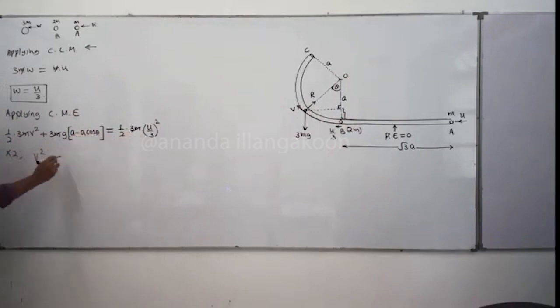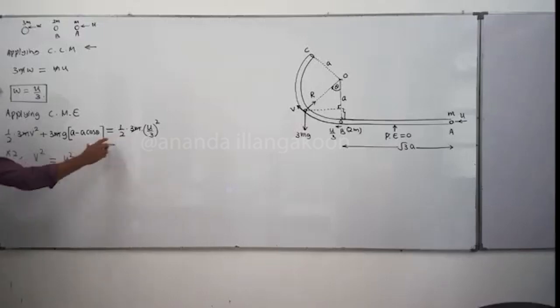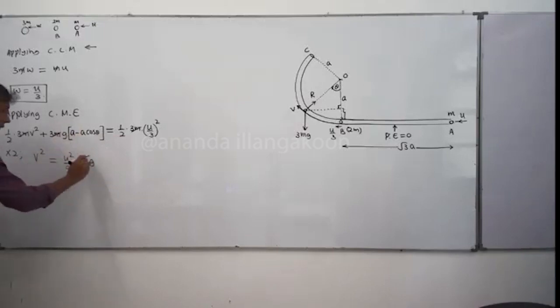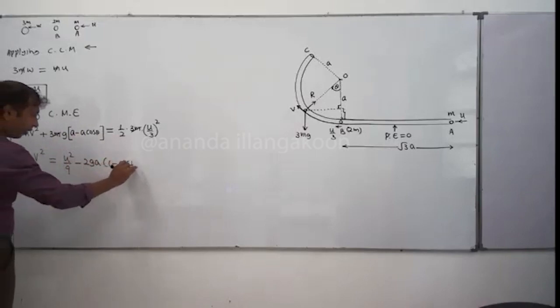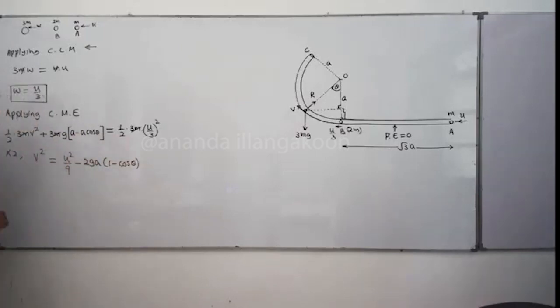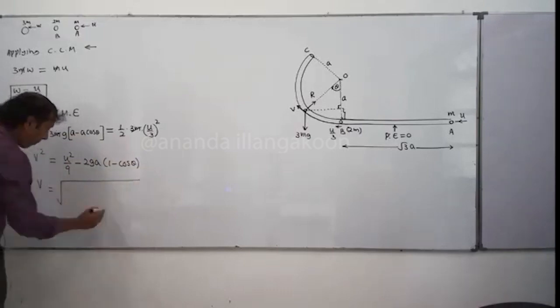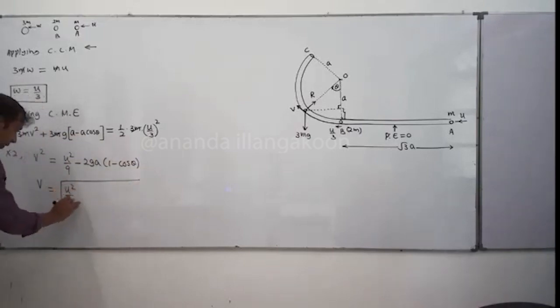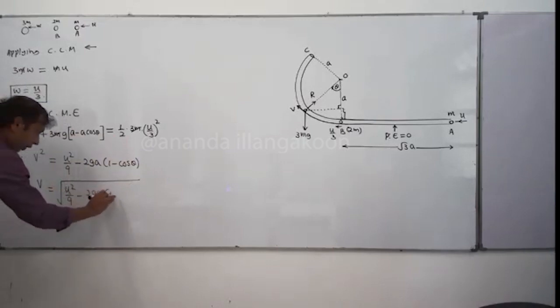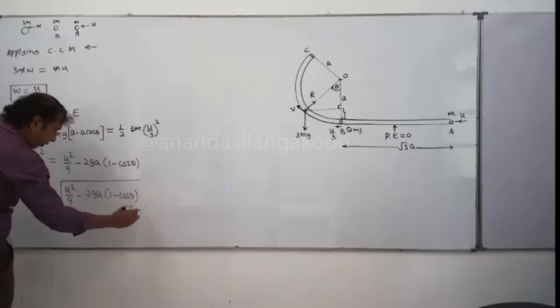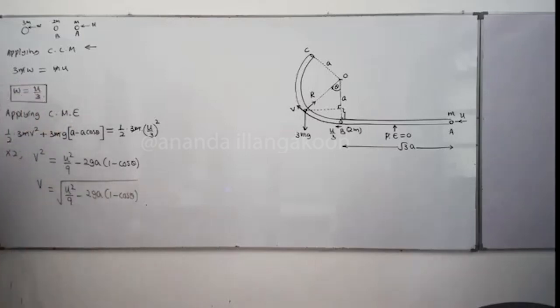On the right-hand side you get u squared by 9, this 2 will cancel off. Multiply by 2 on the right-hand side: minus 2g, take this a out, times 1 minus cos theta. The velocity v is the root of this: u squared by 9 minus 2ga times 1 minus cos theta. This is the velocity v.